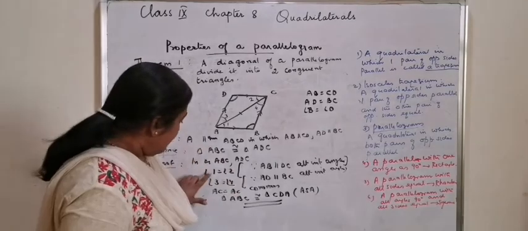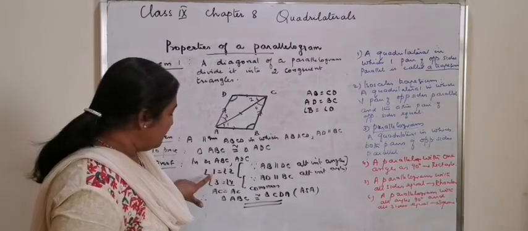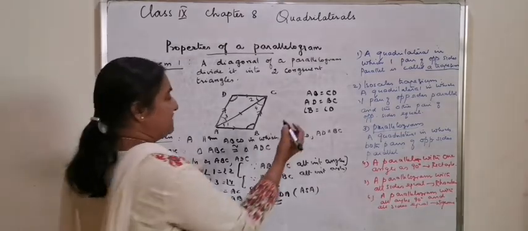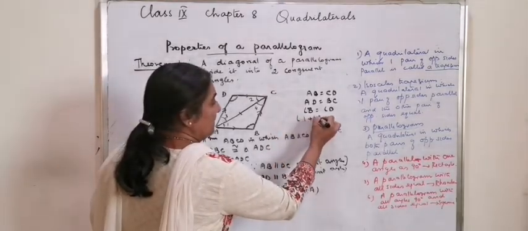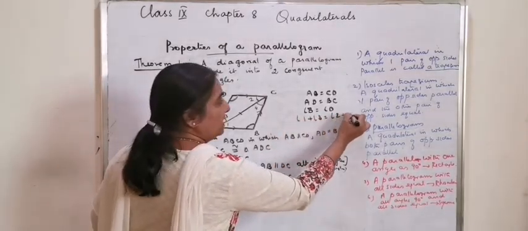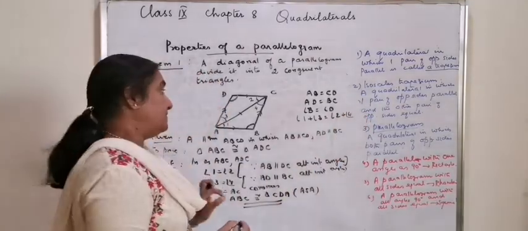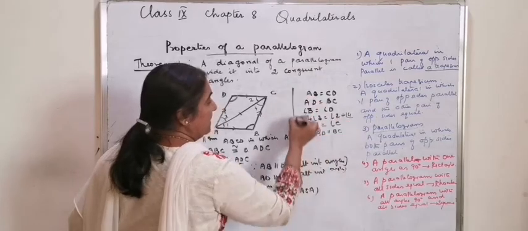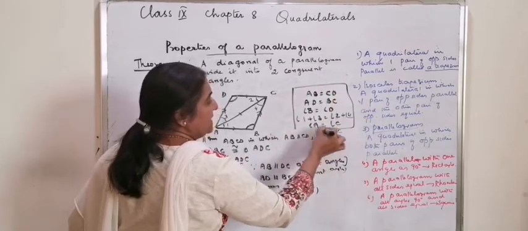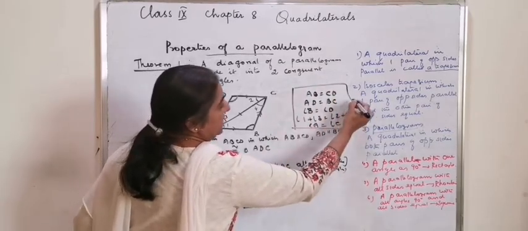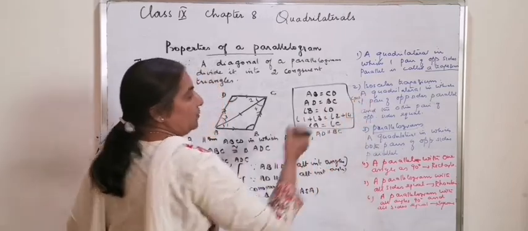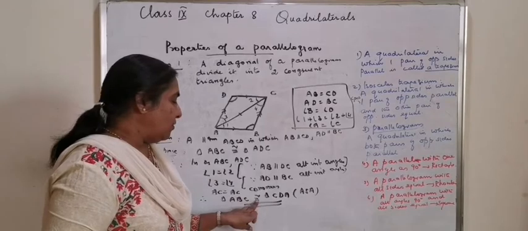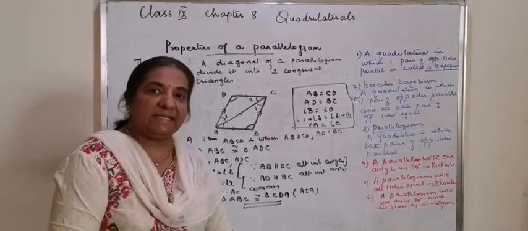And we also got 1 equal to 2 and 3 equal to 4, which gives the sum of 1 plus 3 equal to the sum of 2 plus 4, which gives you angle A and angle C are equal. All these will be the corresponding parts of the congruent triangles after proving triangle ABC congruent to triangle CDA.